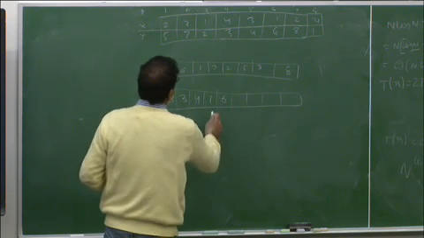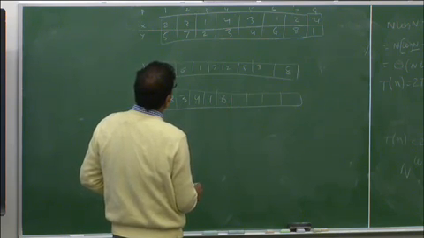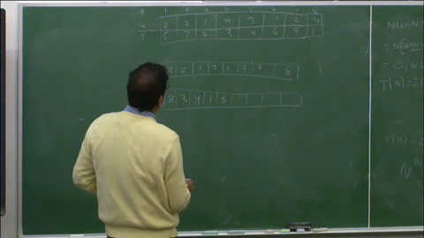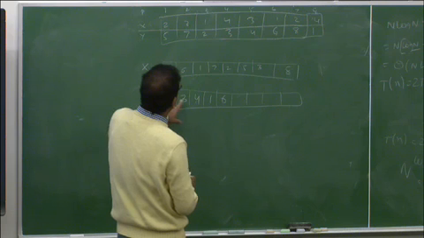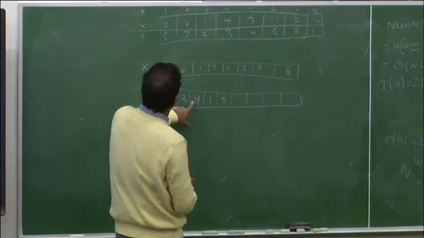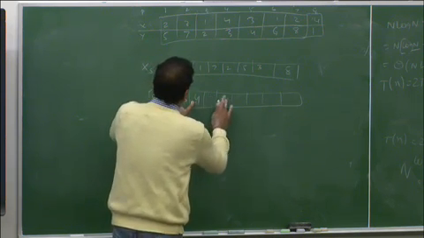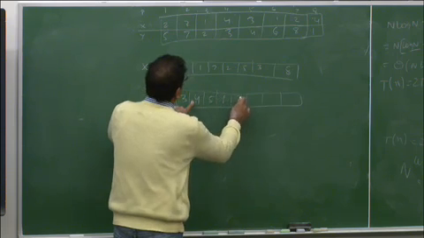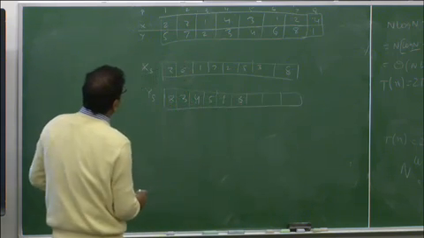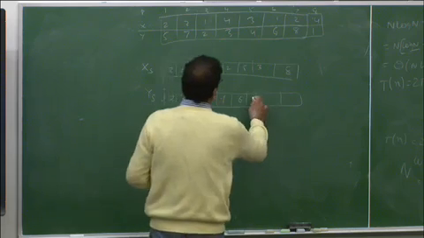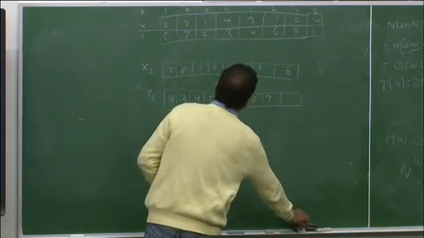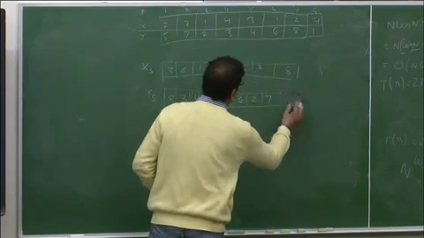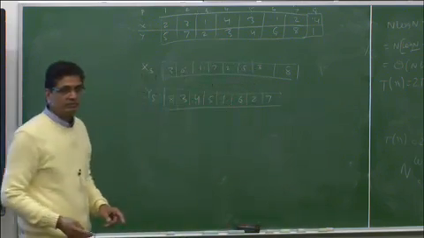Then 6, right? Okay, so I made a mistake. 8, then 3, then 4, then 5, 1, 6, right? And then 2 and 7, right? Okay? Correct? All right?